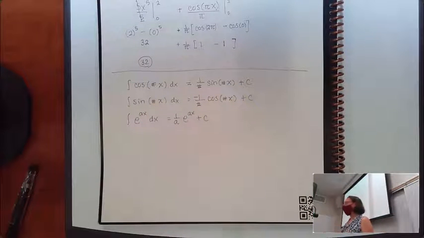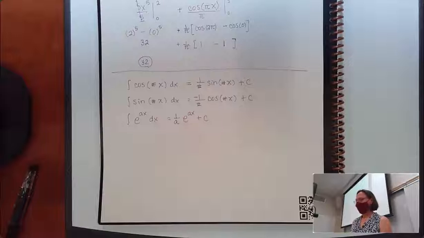And that's always happening because essentially we're going backwards from the chain rule. So chain rule with derivatives, if I have a number times x, we'd end up multiplying by the number. And because we're doing antiderivatives, we're going backwards. So instead of multiplying by something, I'm dividing by it. Good times.